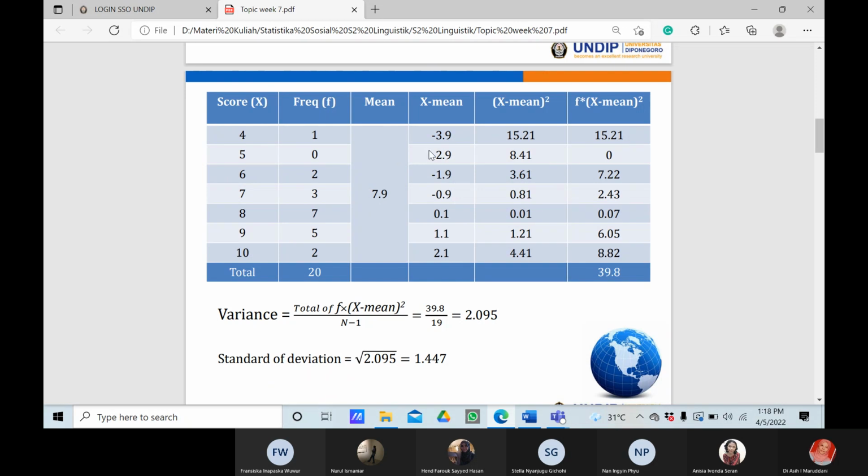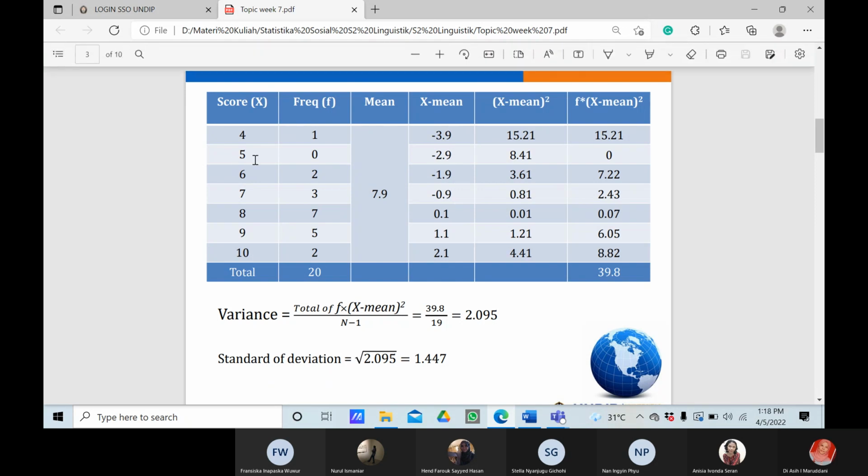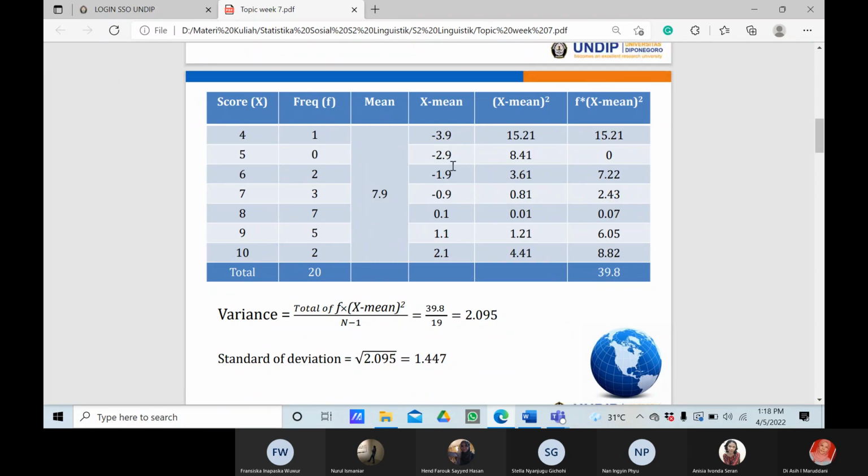Then the following column will be score minus the mean. Then for the first row, you can calculate 4 minus 7.9 is minus 3.9. And the second row, 5 minus 7.9 will be minus 2.9.